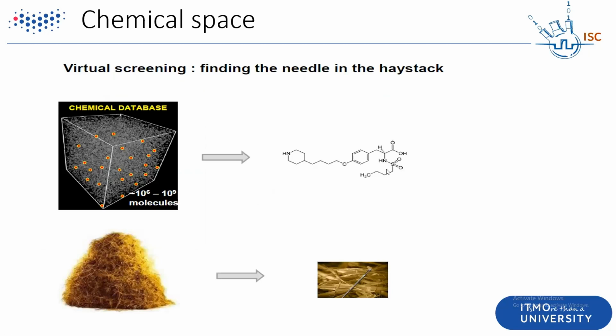So the virtual screening is to find the right molecule. Again, what is the virtual screening? The virtual screening is the method in chemoinformatics which is important to analyze all this chemical space and to find the right molecule.